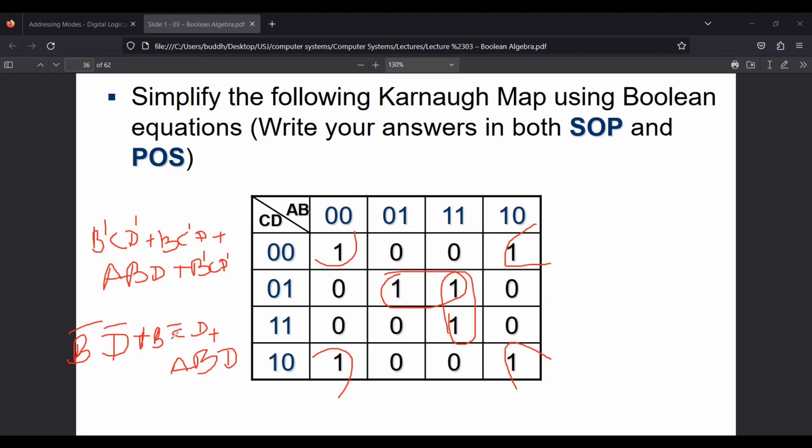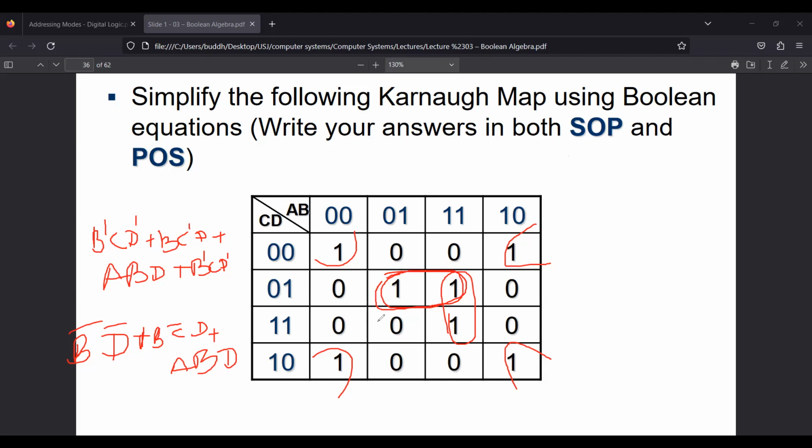B bar D bar plus B C bar D plus ABD. Yeah, we cannot wrap this into another group, right? Adjacent. So this should be the answer in the sum of products format.